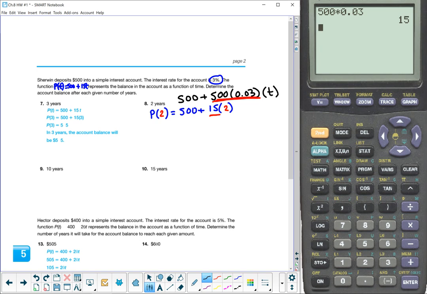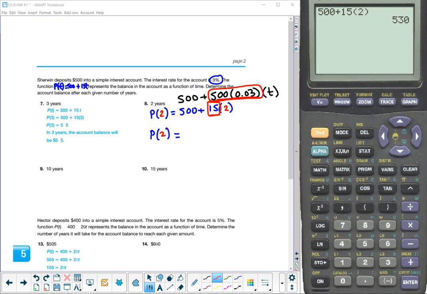So on this problem, on this side, that 500 times 0.03 has already been turned into 15. All we're doing is plugging in the time. So instead of writing 500 times 0.03, we can also write it as 15. So P of 2 is equal to 500 plus 15 times 2.